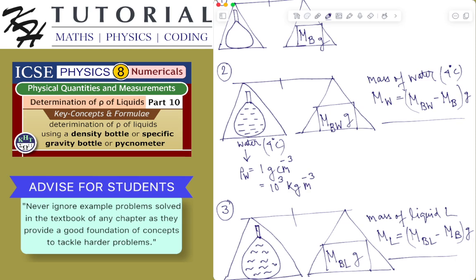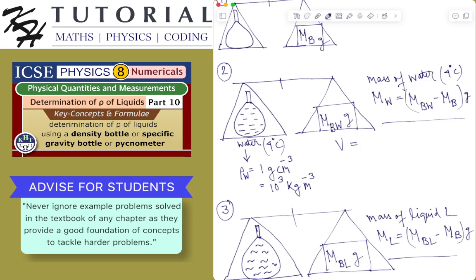In this case, the volume of the water will also be the volume of the density bottle, which is also equal to the volume of the liquid. Let's say that volume be V. How can we find V?